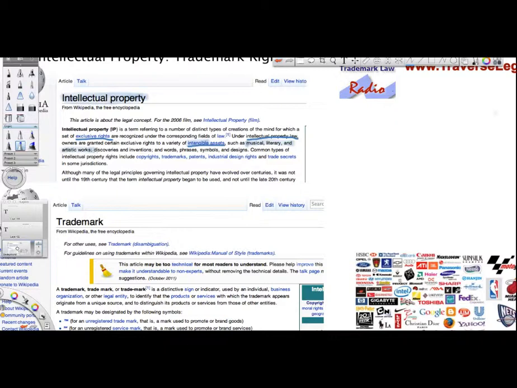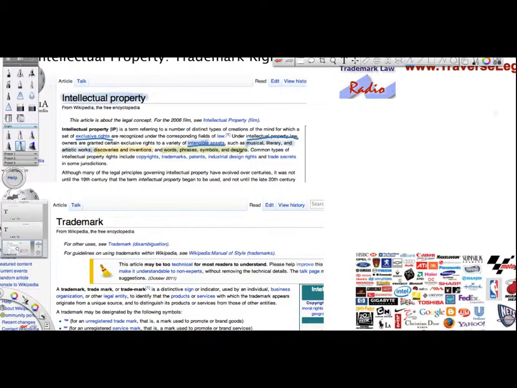When we look at discoveries and inventions, we are going to be talking about patents and trade secrets, both different types of intellectual property. If we're going to be talking about words, phrases, symbols, and designs, we're in the area of law known as trademark law.